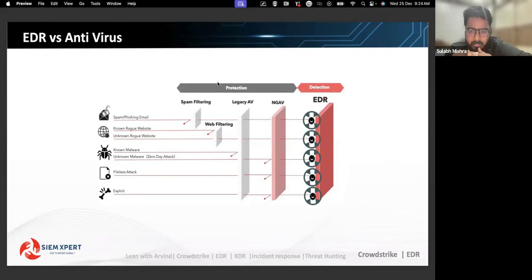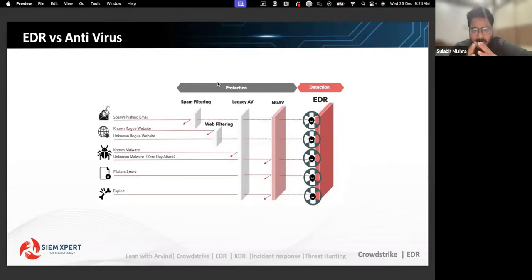Getting my point? Now you have an antivirus and you have an EDR. So all the known malwares are already being detected by the antivirus solution, right? Only the unknown files or unknown malwares will run through the EDR.